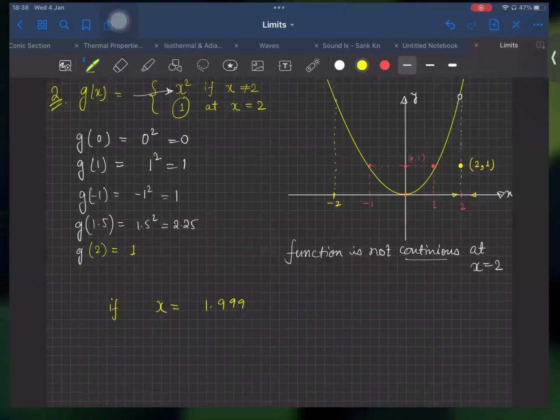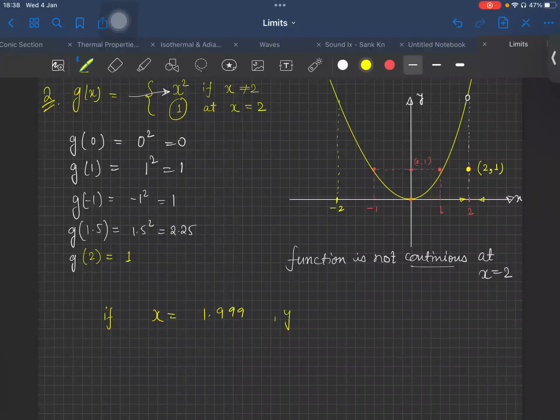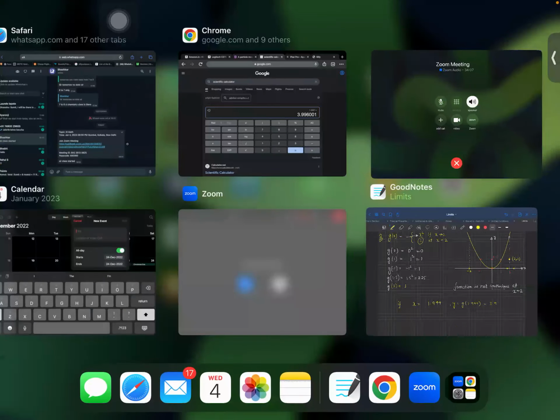So y, which is equal to g of x, at 1.999 we're getting 3.996.